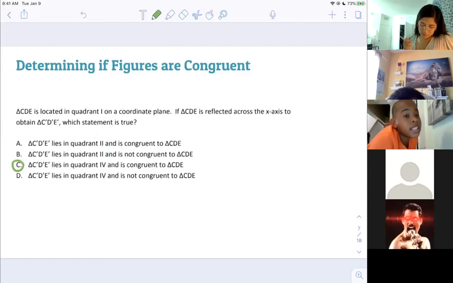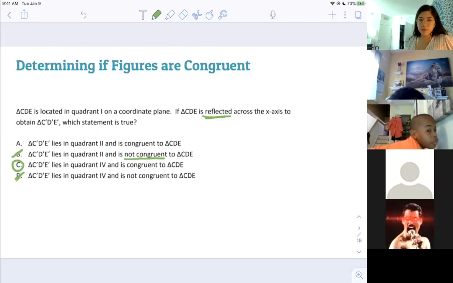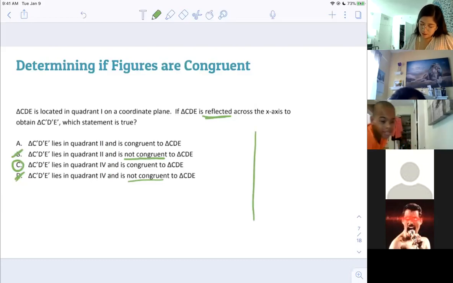It says that it's not congruent. It's B and D, because they're the same shape, congruent, right? If it was reflected, we know a reflection is a rigid motion. We know it's going to stay congruent. So we could get rid of B and D because both of those say that it's not congruent. So you would have to choose from A and C.